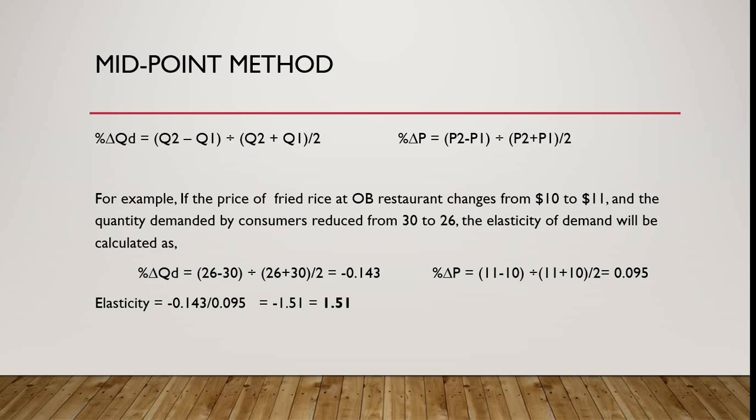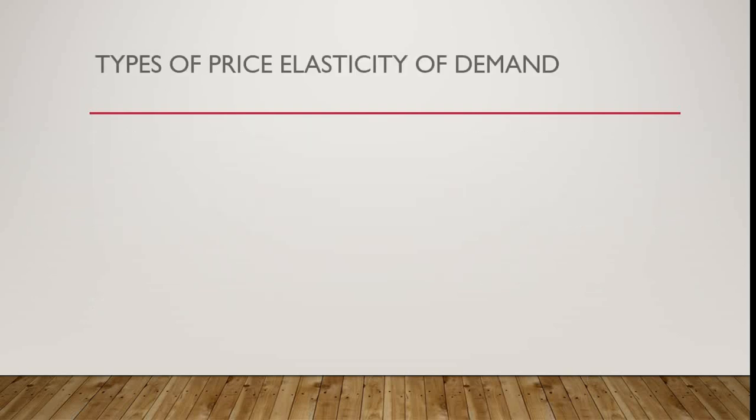But the most commonly used one is method 1, where we divide the change by the initial quantity and the initial price. So when the question is open, we could use method 1 to solve for the answer, unless you are told to use the midpoint method.